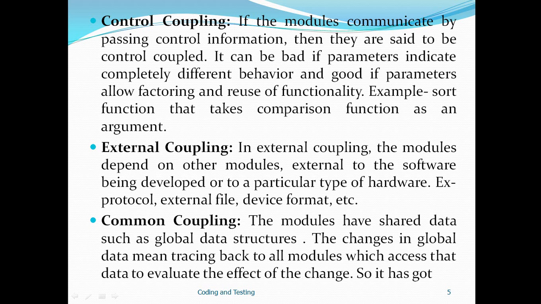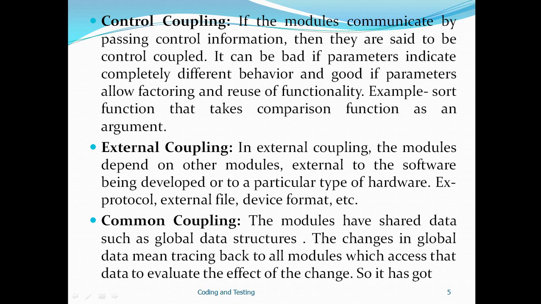For example, in external coupling, the modules depend on other modules external to the software being developed, or on a particular type of hardware. So the software depends on the hardware, for example, protocol, external file, device format, etc. External coupling provides a service and depends on the software and the hardware or external device.